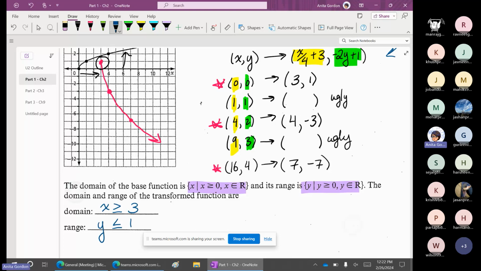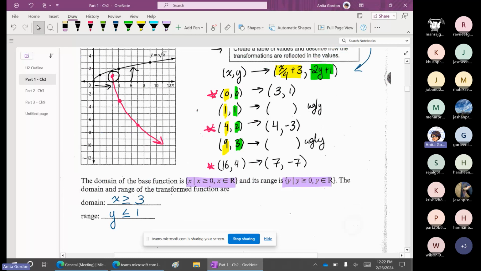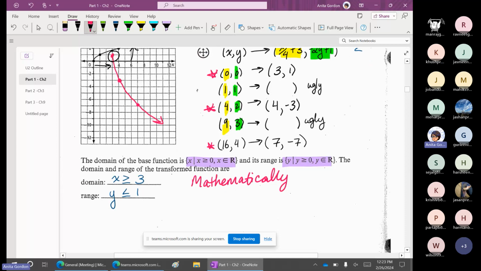You can also do this mathematically. To find the domain, anything in the square root has to be greater than or equal to 0.